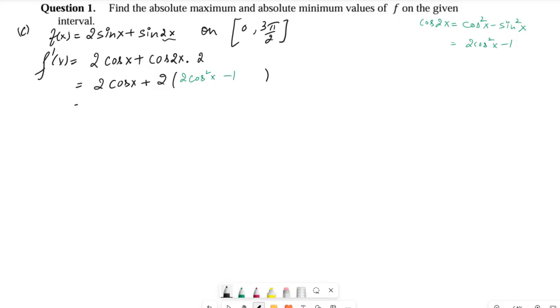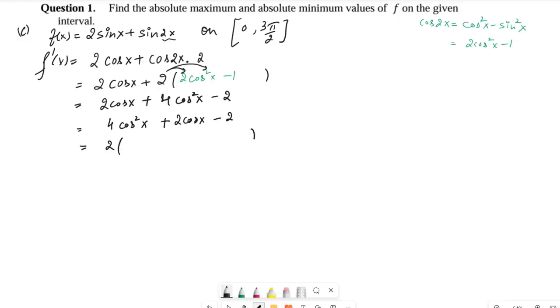That will make, when I multiply 2 inside, what do we get? 4 cosine square x minus 2. Let's write it a little more organized: 4 cosine square x plus 2 cosine x minus 2.